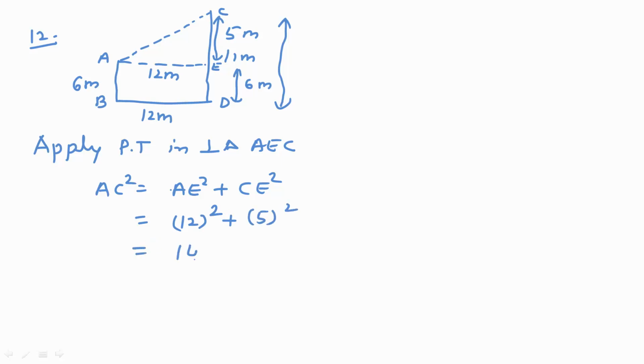This will be equal to 144 plus 25. AC square is equal to 169 or AC is equal to 13 meter. So the distance between the tops of the two poles is 13 meter.